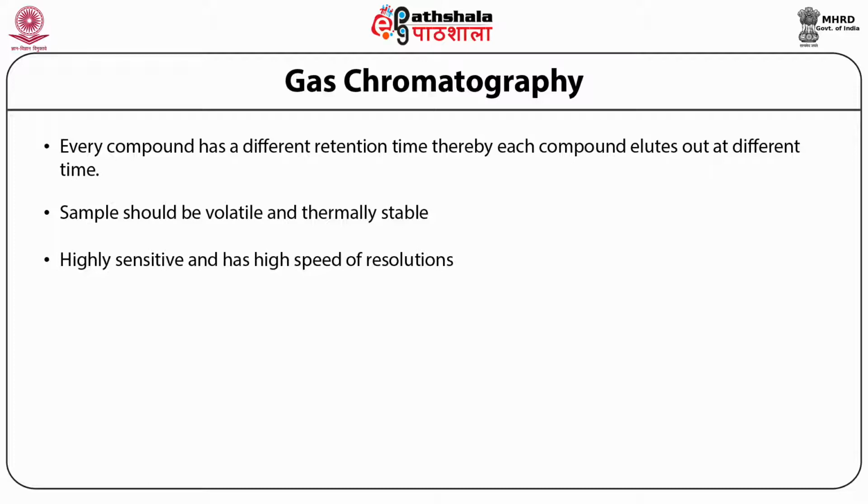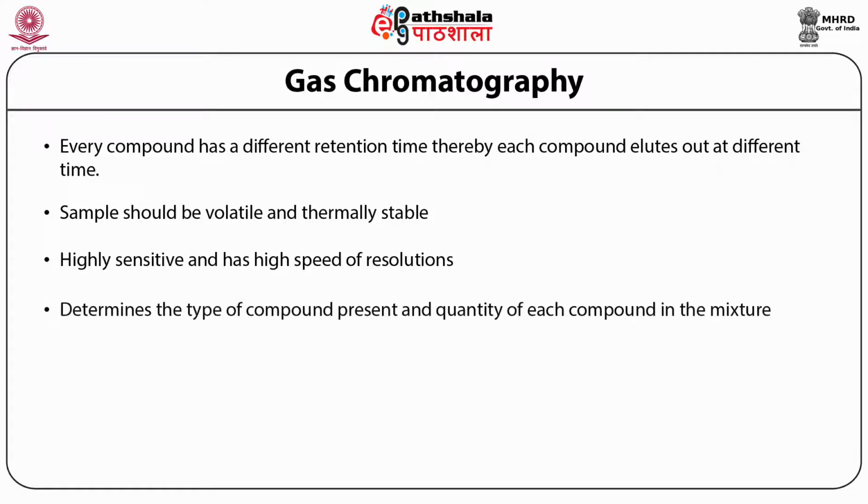This technique is highly sensitive and has a high speed of resolution. It not only determines what type of chemical is present in the mixture, but also tells the quantity of each chemical in the mixture. Therefore, it is used for analyzing complex mixtures and is considered better than paper or thin layer chromatography.